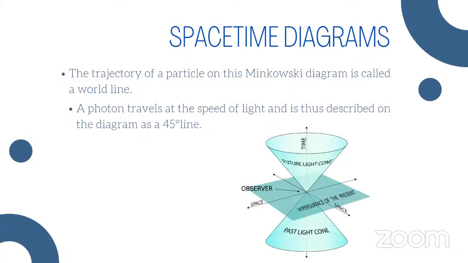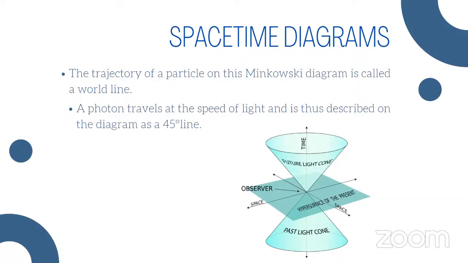These relativistic concepts of flat Minkowski space-time are very well represented as space-time diagrams. In the diagram, we use the vertical axis as the time axis.